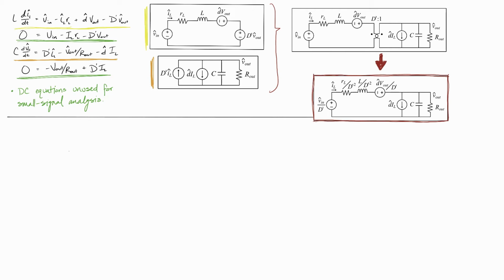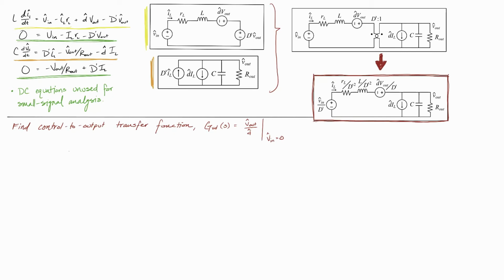And then we can begin finding the controlled output transfer function, which I'll call GVD. It's a function of S, and what it shows is how the output voltage V out hat is affected by a change in duty cycle D hat. And to do this, what we have to do is set Vn hat equal to 0.